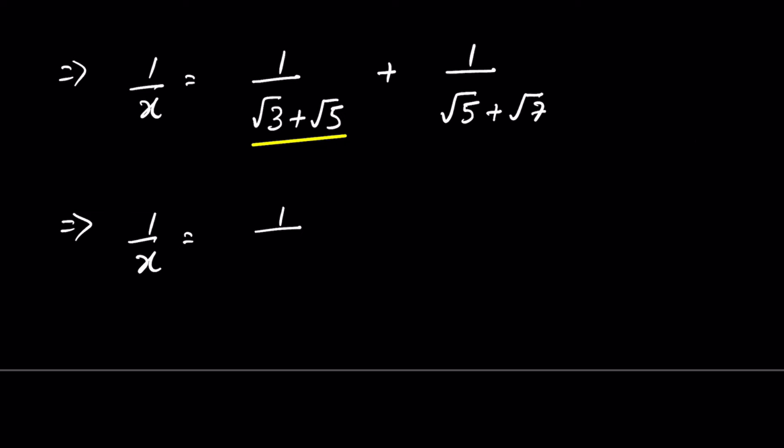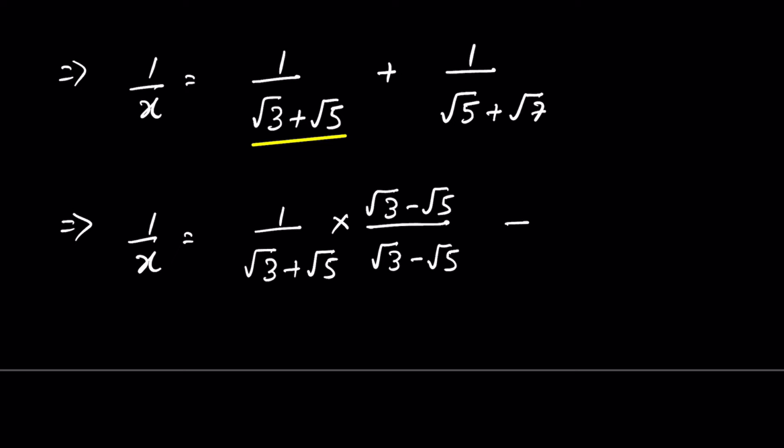So it will be 1 upon square root of 3 plus square root of 5 times square root of 3 minus square root of 5 upon square root of 3 minus square root of 5, plus this also we need to rationalize.